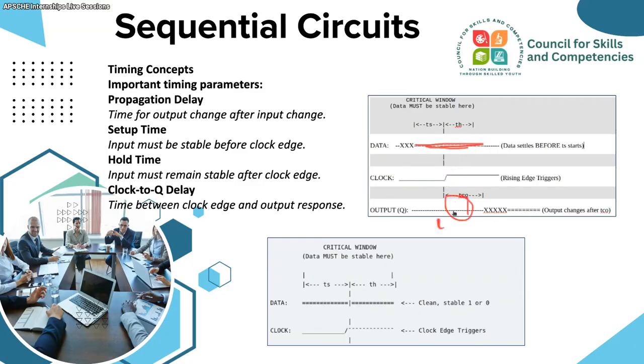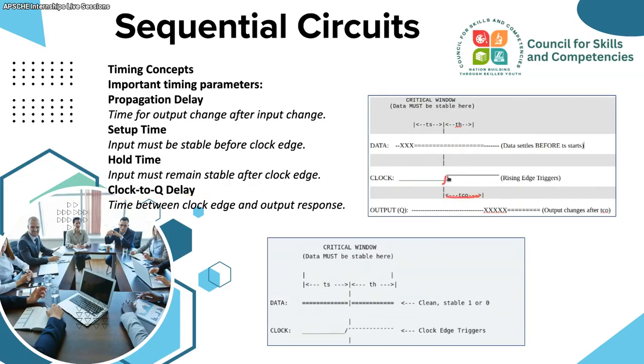The output will change. After the clock edge, till the clock-to-Q delay, the output must be maintained so that it takes effect. So there is a time, the clock-to-Q delay.